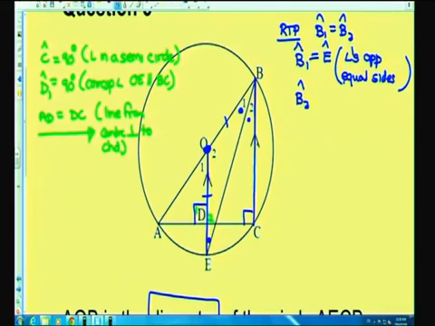You've got two lines that are parallel, and if you look at B2 and E, they're forming that Z shape of alternate angles. So we can say B2 is equal to E, alternate angles. And again, just like the corresponding angles, we've also got to say which lines are parallel, because alternate angles are not equal unless the lines are parallel. They are alternate, but they're only equal because of the parallel lines.